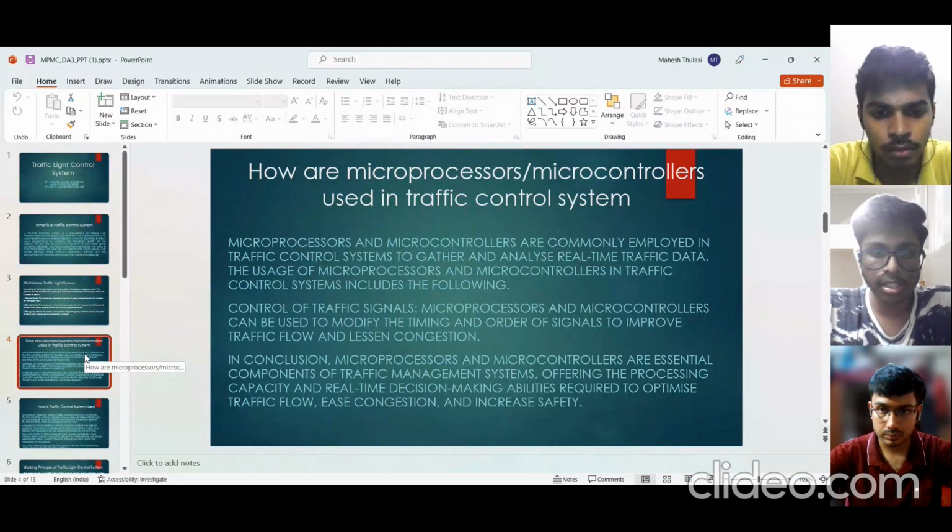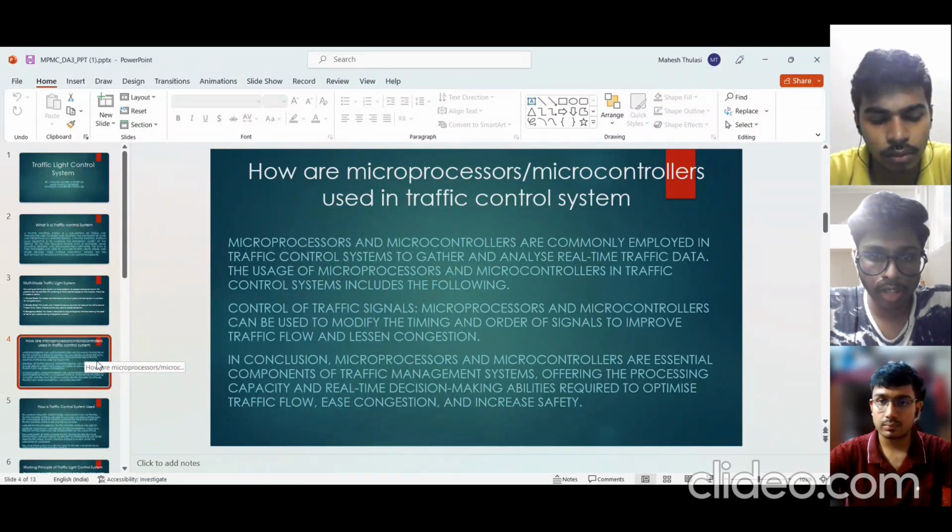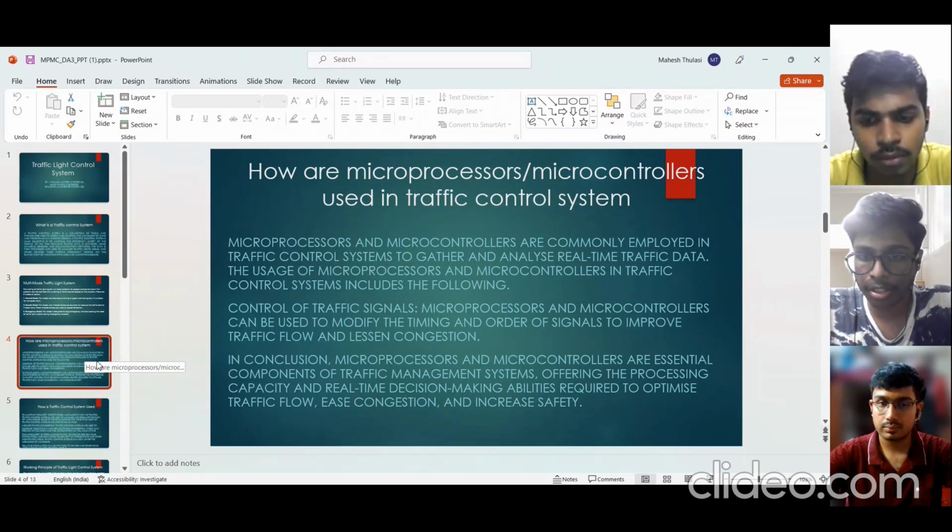In conclusion, we can say that microprocessors and microcontrollers are essential components of traffic management systems, offering the processing capacity and real-time decision-making abilities required to optimize traffic flow, ease congestion, and increase safety.